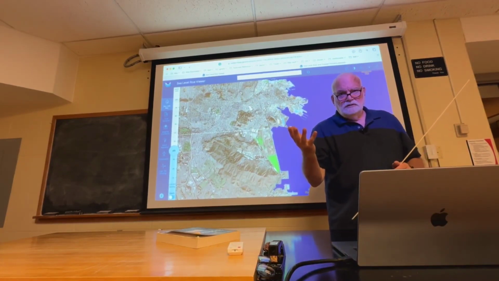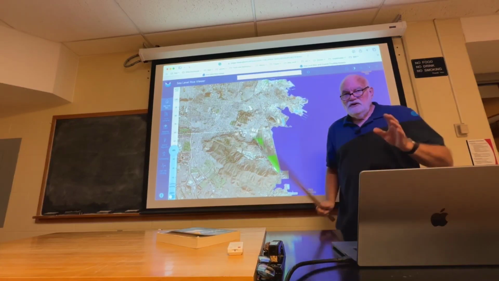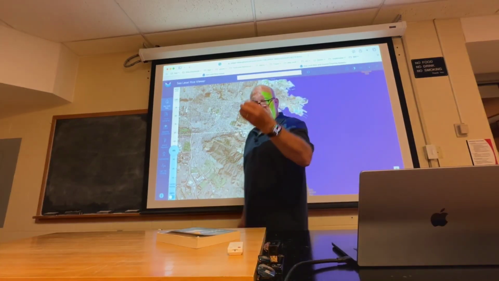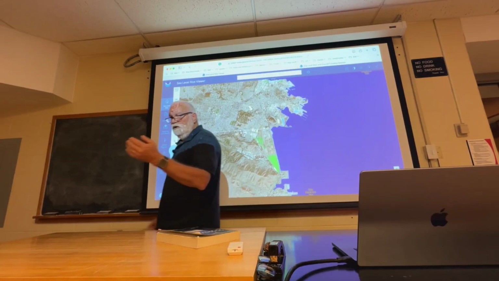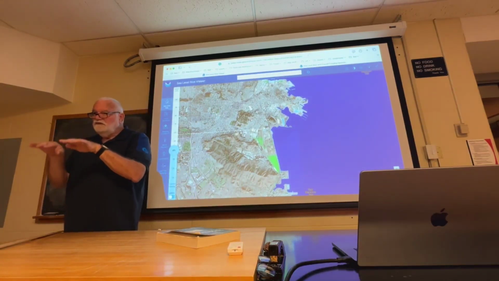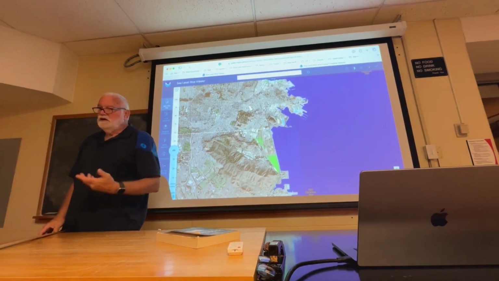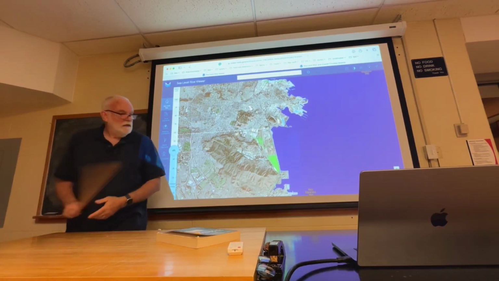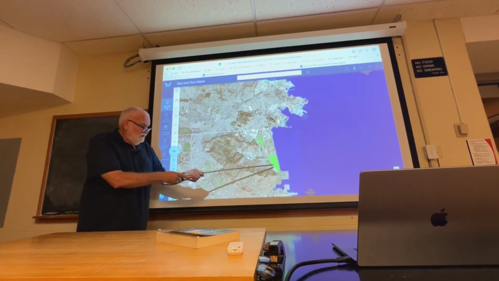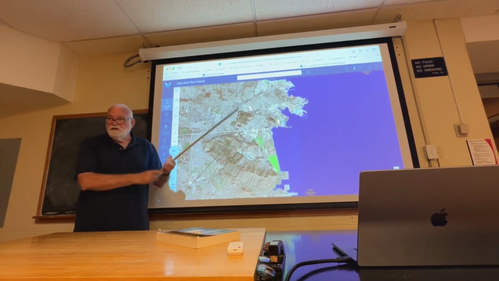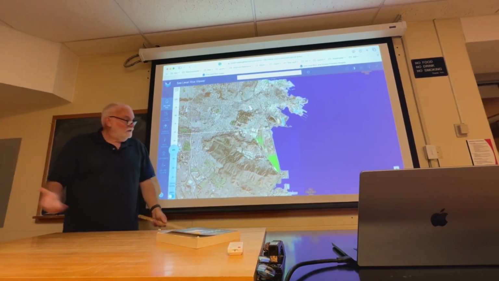Does that help? Yeah, so the green is not flooding yet, but the blue is. It might flood, but it's not underwater now. So it's on that nexus that if you get high enough water momentarily, you could get it wet. And all of a sudden this area turns out, even though it's not on the coast.